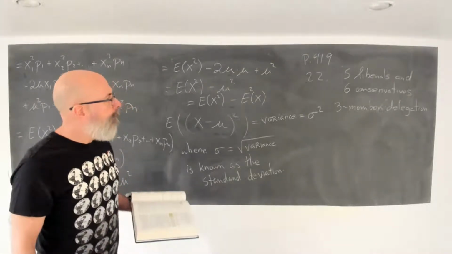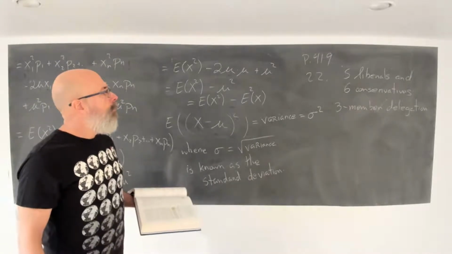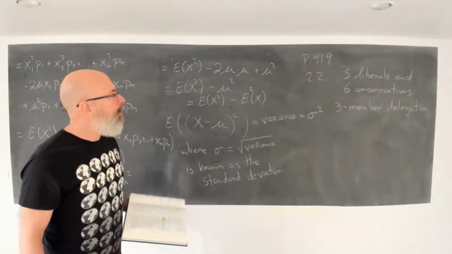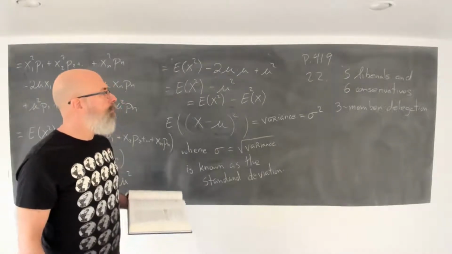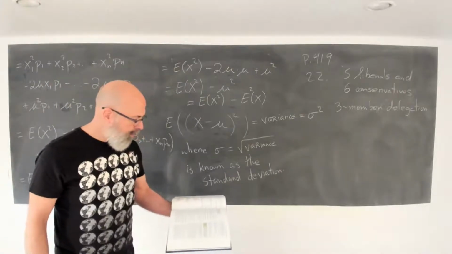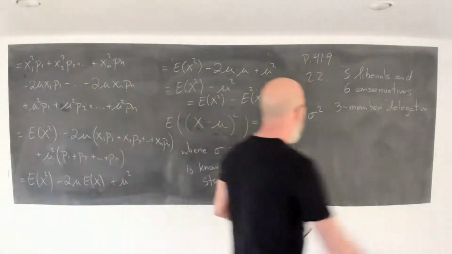We want a 3-member delegation coming from 5 liberals and 6 conservatives. What is the question? What is the expected number of liberals in the delegation?